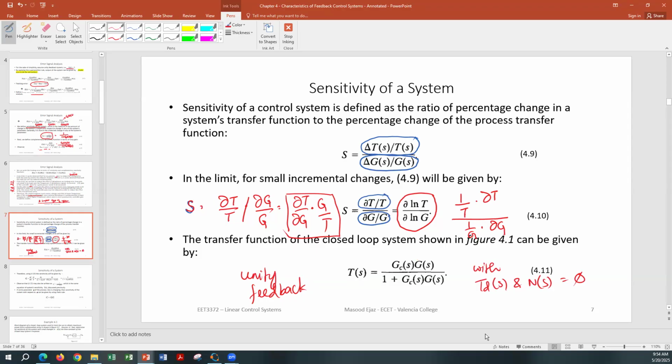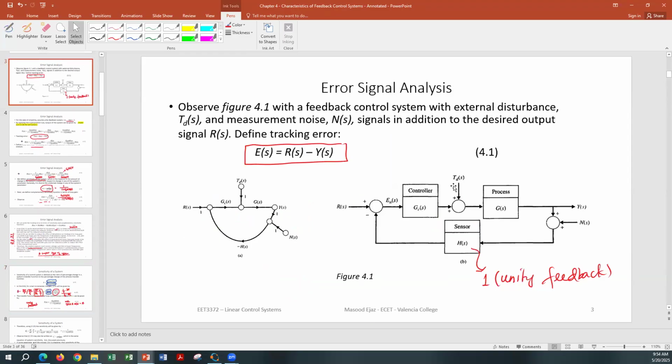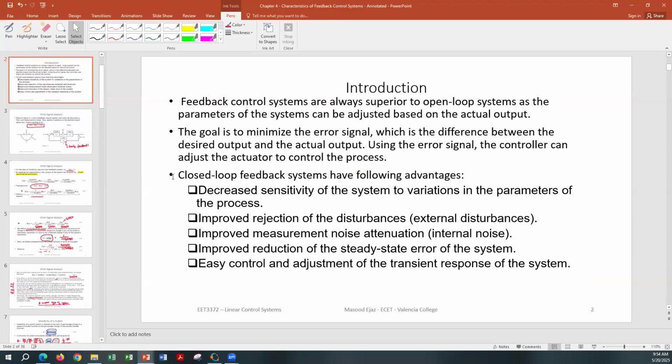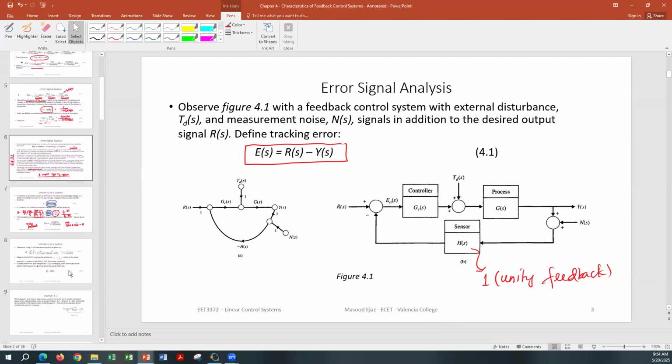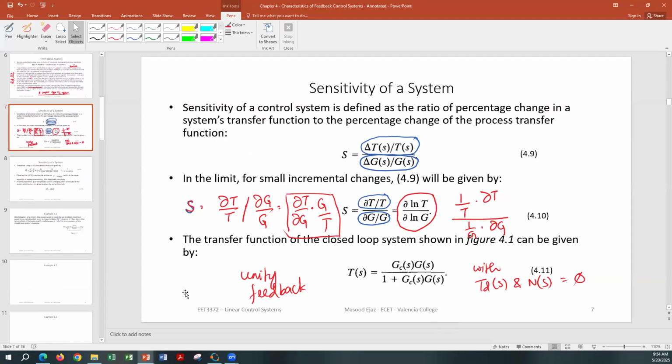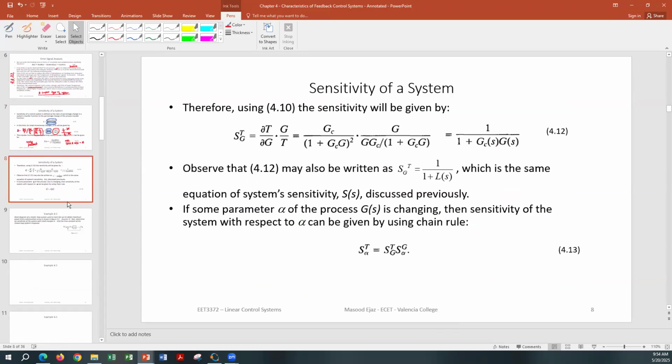So the transfer function of a unity feedback system with no noise, external or internal, is given by this expression, as we have discussed before. From this, if Td(s) is 0 and N(s) is 0, then the transfer function is going to be given by Gc(s)G(s) over 1 plus Gc(s)G(s), assuming that it's a unity feedback system. And we did the derivation of that as well quite a few times.